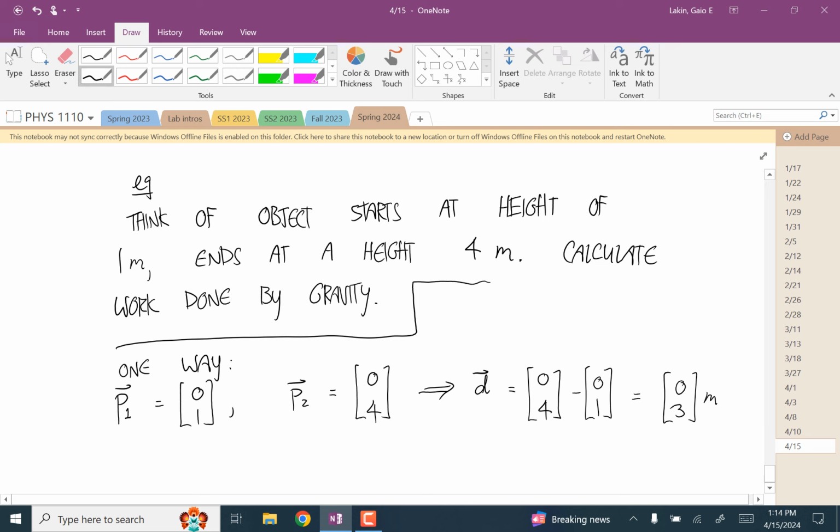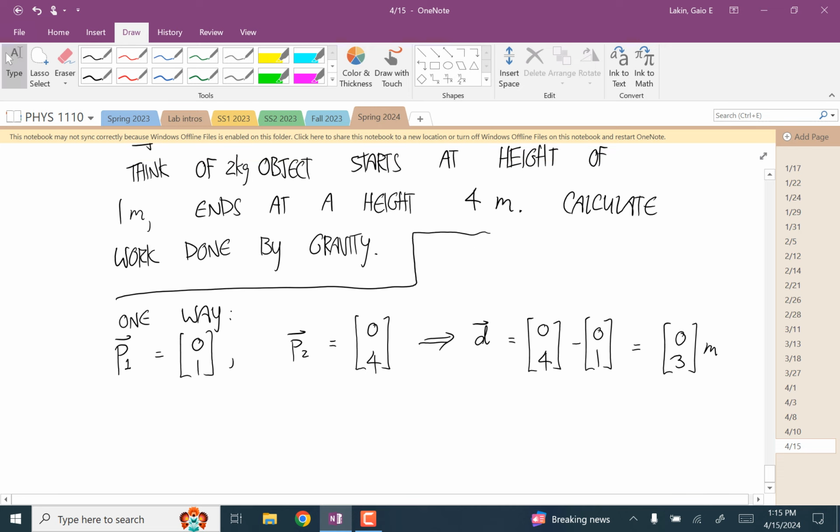Again, let's make sure this object has a mass. Let's make this 2 kilograms. What's the force that gravity applies to the object over that interval? It's (0, negative 19.62) newtons.